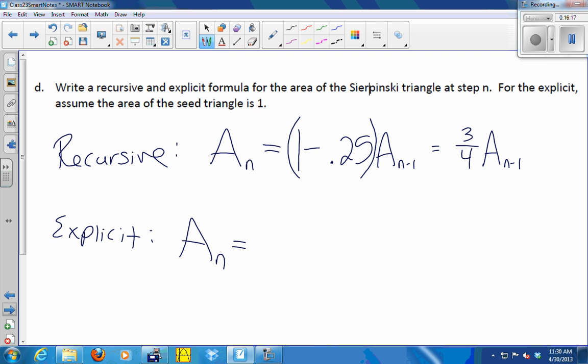I could start with 1 and subtract a quarter, or I could just say I'm keeping 3/4. You don't add 3/4, but you multiply by 3/4. So I'm going to start with 1, and I'm going to multiply by 3/4 every time.